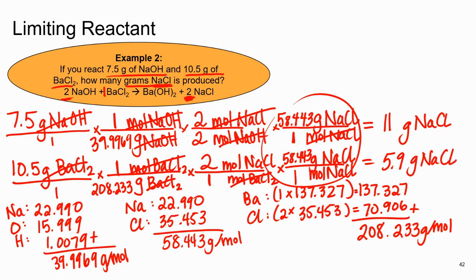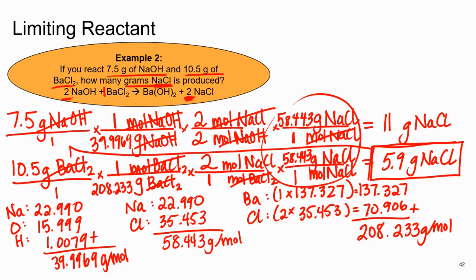Now in our limiting reactant problems, we can only ever make the lesser amount of product. So we can only make 5.9 grams of sodium chloride. At that point, we run out of the limiting reactant, which is the barium chloride. So we can't make the 11 grams.